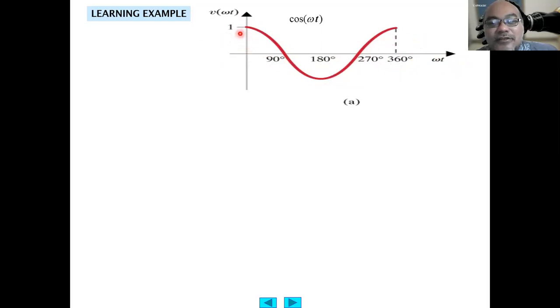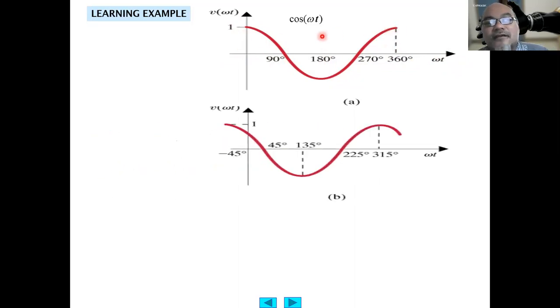At 0 the value is 1, at 180 degrees it is -1, and at 360 degrees it comes back to 1. Now, the value is 0 at 45 degrees instead of 90 degrees, and at 0 degrees it has this value. Very difficult to estimate, but the value is 1 at -45 degrees.